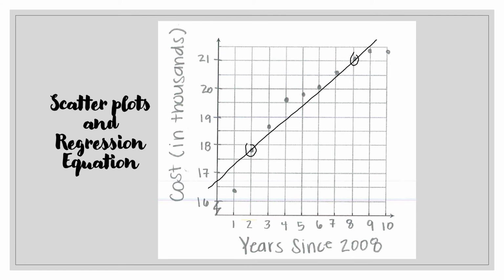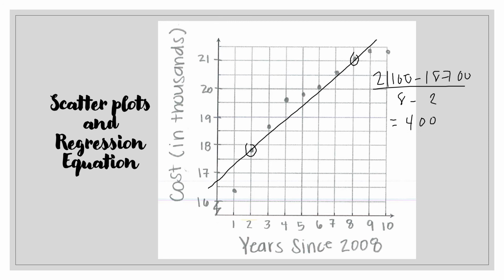So I know that in the 8th year, it was $21,100 minus in the 2nd year, it was $18,700. And then divided by 8 minus 2. Okay, and I can plug that into my calculator and I get 400. So that would be the slope for this line.